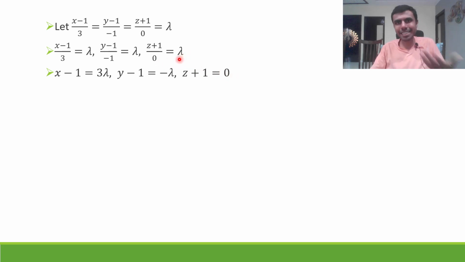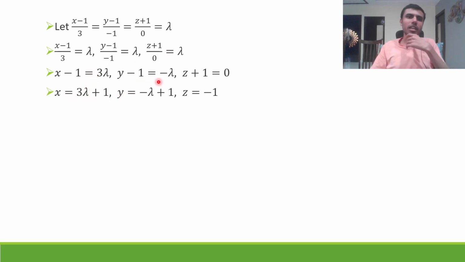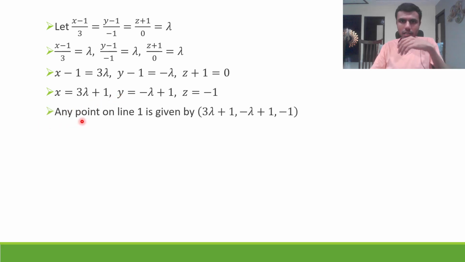Next, x will be 3 lambda plus 1, y will be minus lambda plus 1, and z is minus 1. So any point on line 1 is given by (3 lambda plus 1, minus lambda plus 1, minus 1).